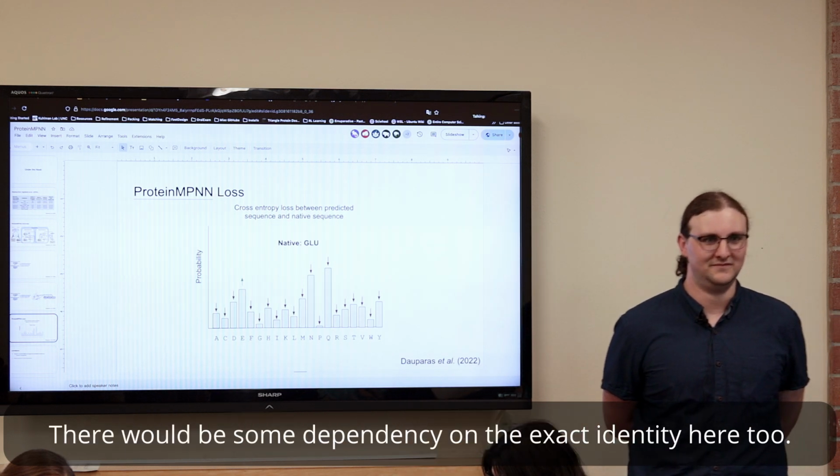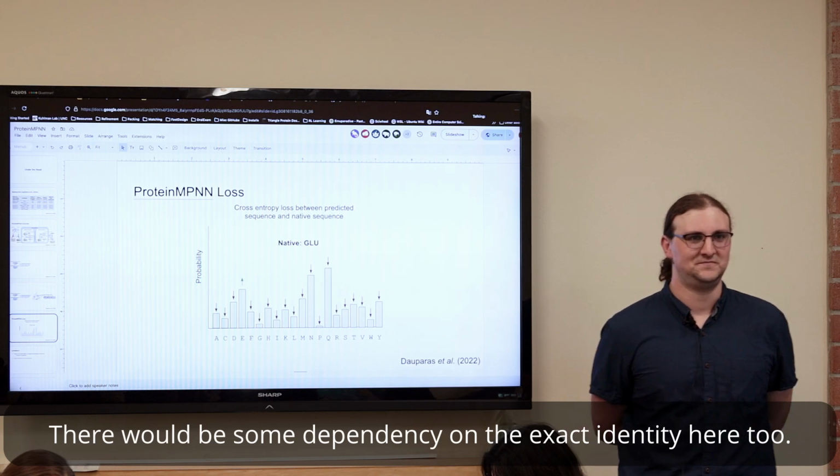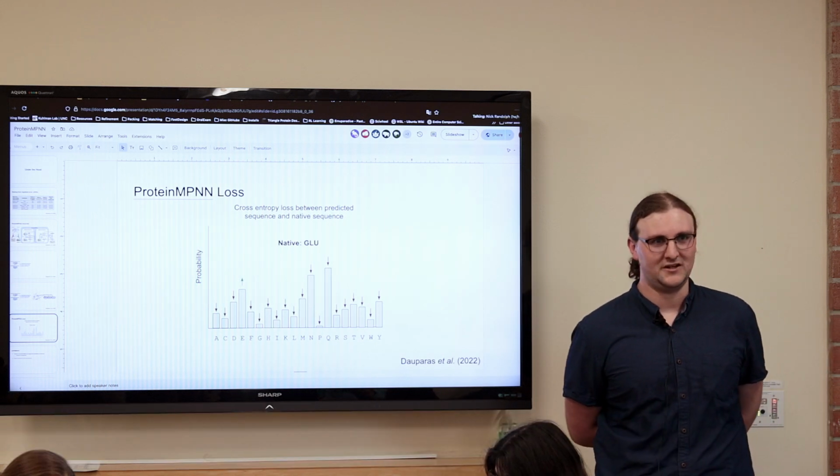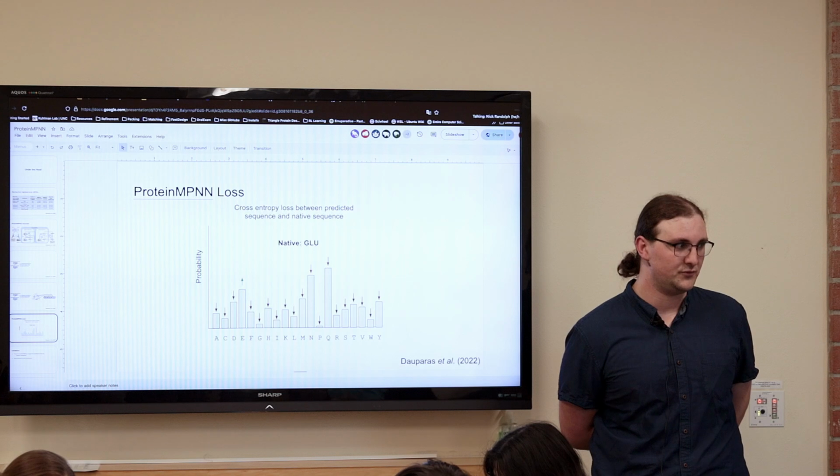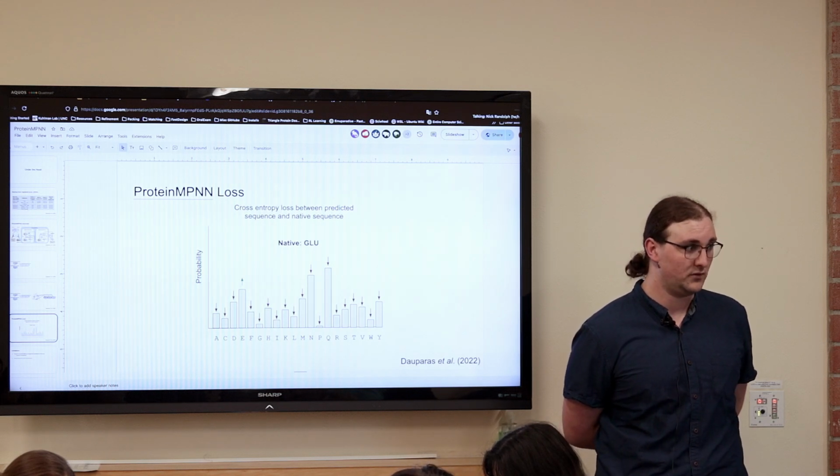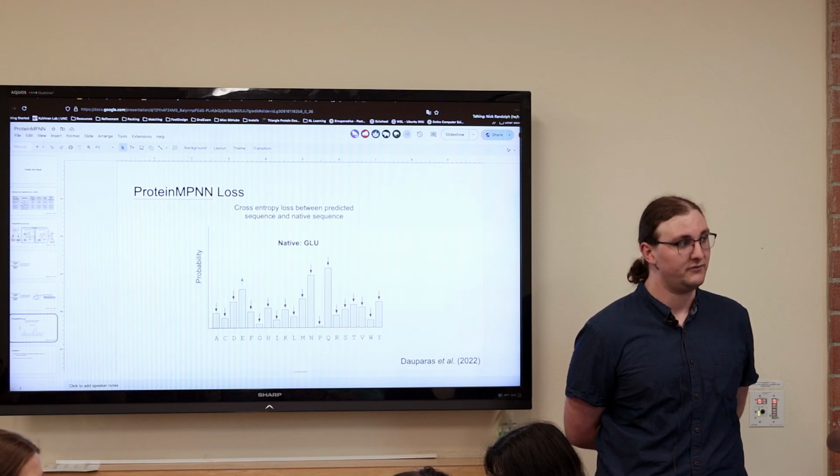So there would be some dependency on the exact identity here too. Yeah, so what Ben's talking about is the correlation structure between each residue. If you're doing a PSSM, you're not necessarily capturing that correlation structure. So it'd probably be better if you had an actual joint distribution over every single position at every single time, rather than maybe a marginal.